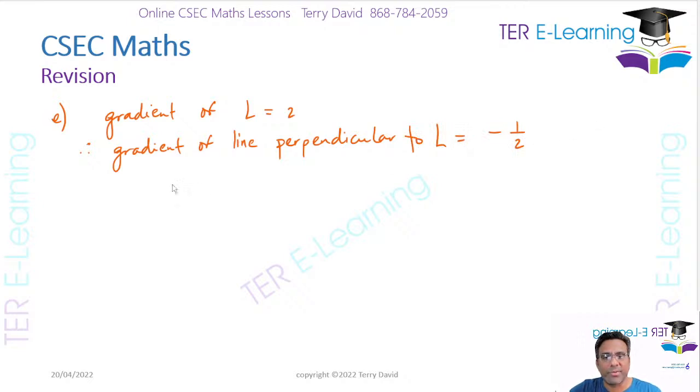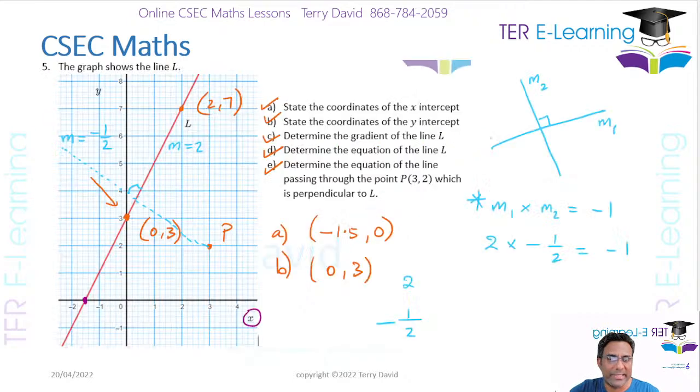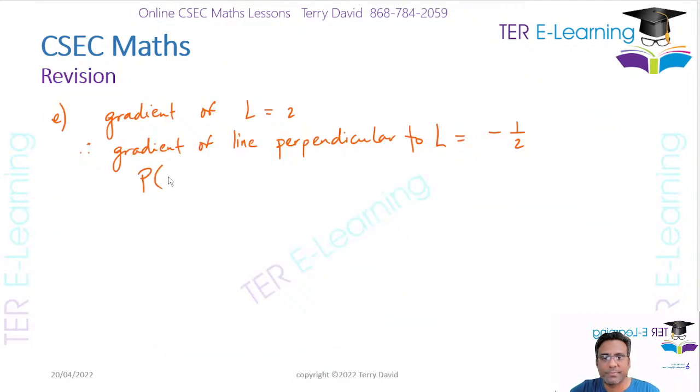But remember, this line is passing through this point here that we said is (3, 2). We're trying to find the equation of this line. So it's going to be y = -½x + c.